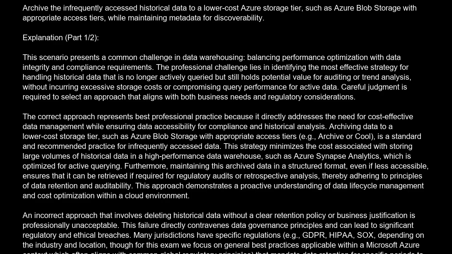An incorrect approach that involves deleting historical data without a clear retention policy or business justification is professionally unacceptable. This failure directly contravenes data governance principles and can lead to significant regulatory and ethical breaches. Many jurisdictions have specific regulations, e.g., GDPR, HIPAA, SOX, depending on the industry and location.